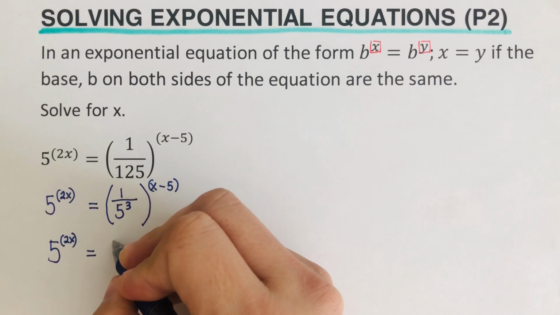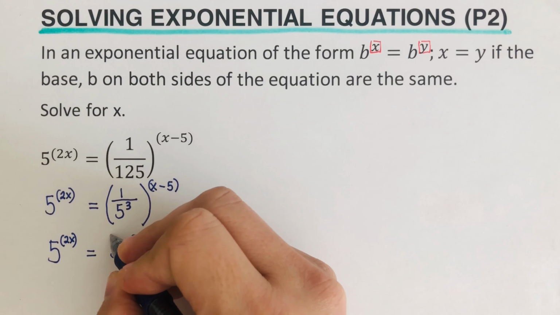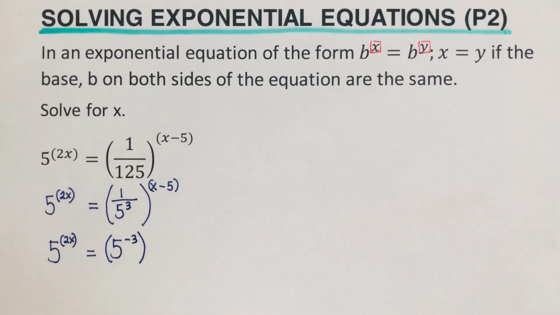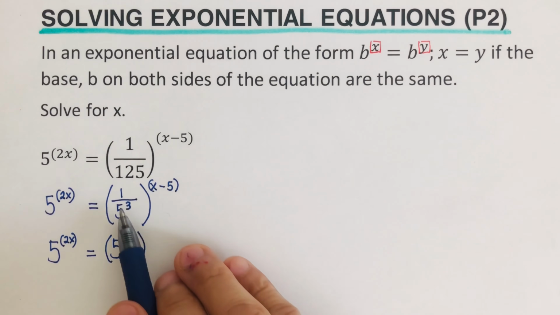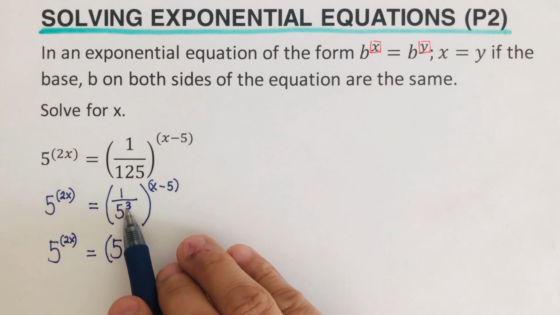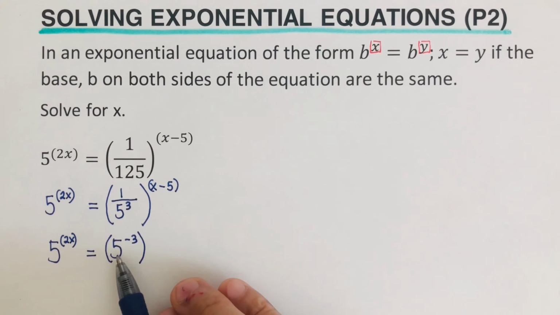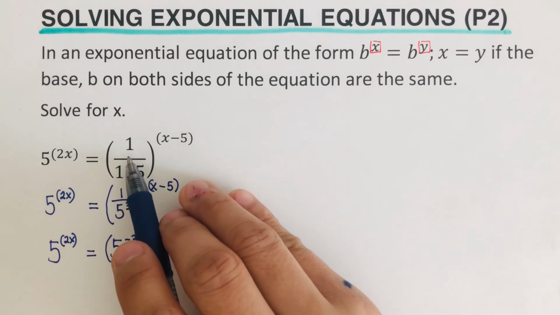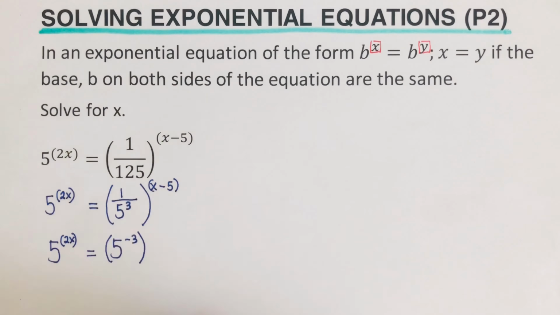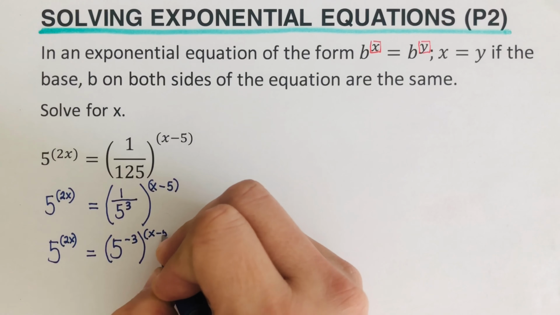I can rewrite this as 5 to the power negative 3 over 1, but then I don't have to write the 1 because the 1 becomes invisible. So these three right here are equivalent expressions: 1 over 25, 1 over 5 to the power 3, or 5 to the negative 3. These three are just the same. And so this one right here is to the power x minus 5.